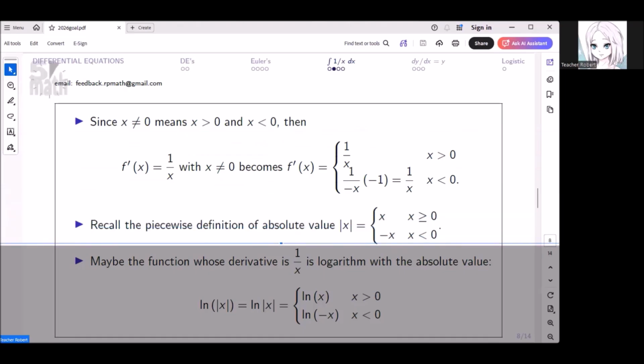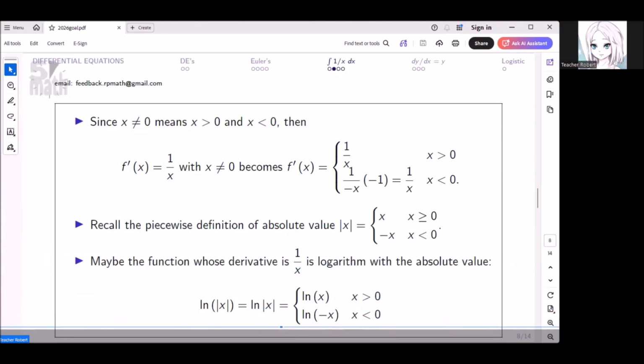Recall the piecewise definition of absolute value: x for x greater than or equal to 0, negative x for x less than 0. Maybe the function whose derivative is 1 over x is the logarithm with the absolute value. ln of absolute value x equals ln x for x greater than 0, ln of negative x for x less than 0.